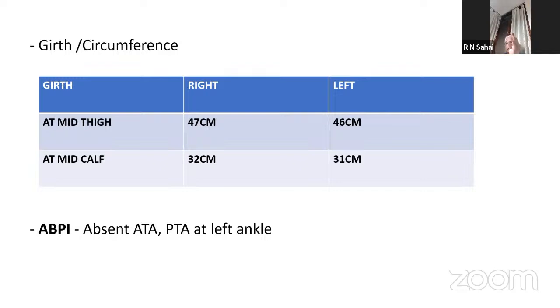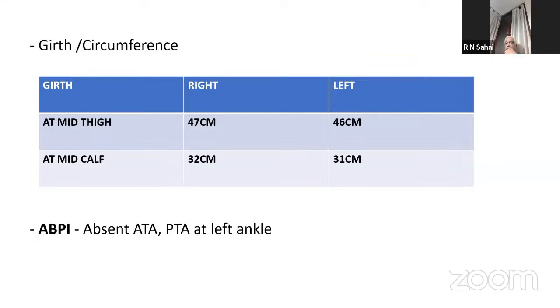Outside the wall, it tells you the presence of any tumor, any hematoma, any calcified foreign body. Within the wall, it will tell you whether there is any stenosis, any aneurysm, any plaque. And within the lumen, it will tell you again if there is any plaque.